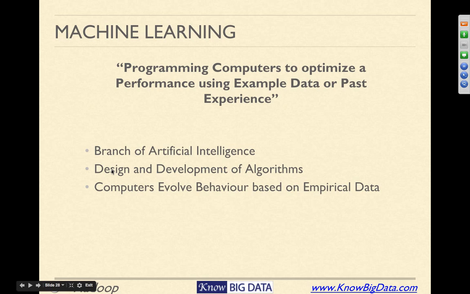Now, what exactly is machine learning? Programming computers to optimize a performance using example data or past experience, just the way humans do. Humans deduce things based on past data. In the same way, machine learning can also help in that.